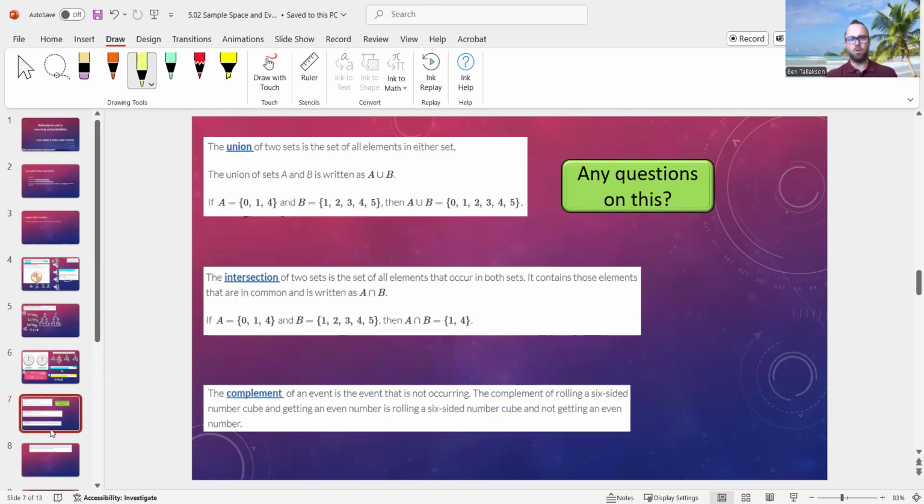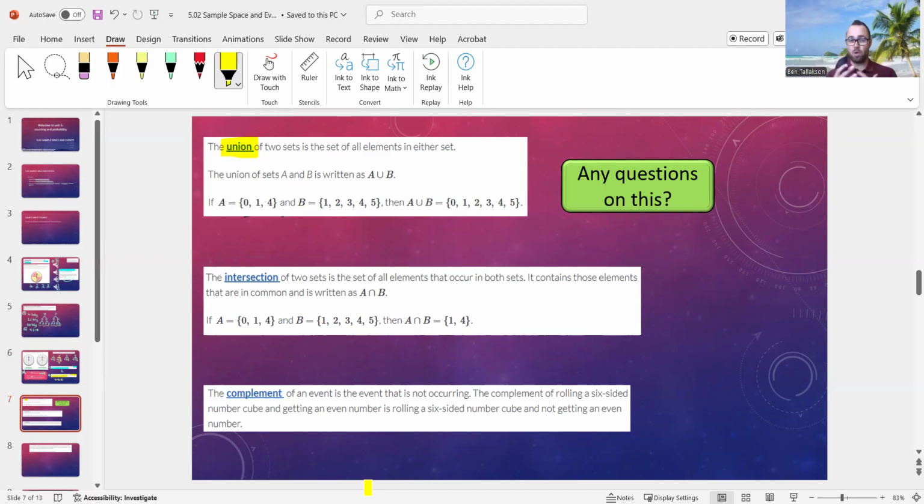Okay, remember our goals? We talked about unions, intersections, and complements. Well, it's time to learn about these. And I know at first glance this looks long and complicated, but it's really not if we take it one step at a time. Let's start off talking about unions. The union of two sets is the set of all elements in either set.